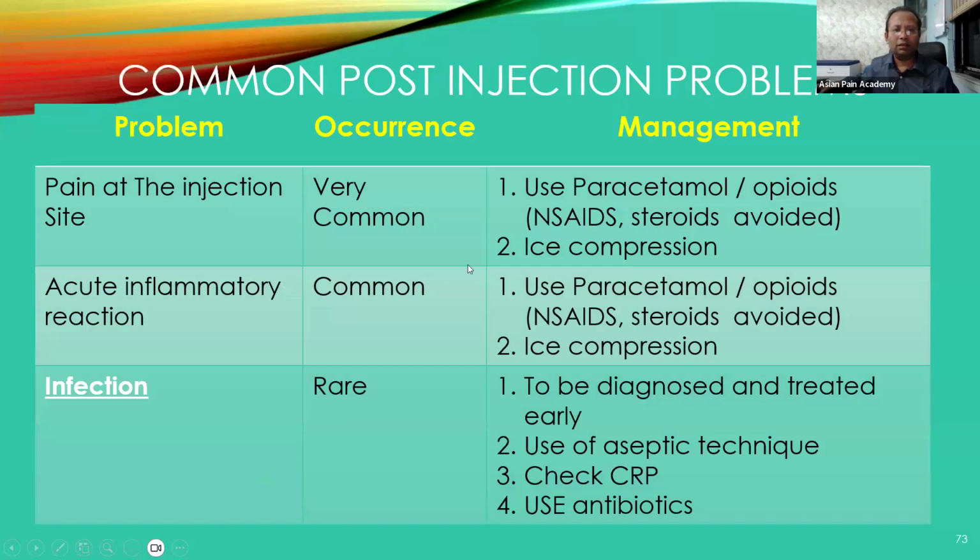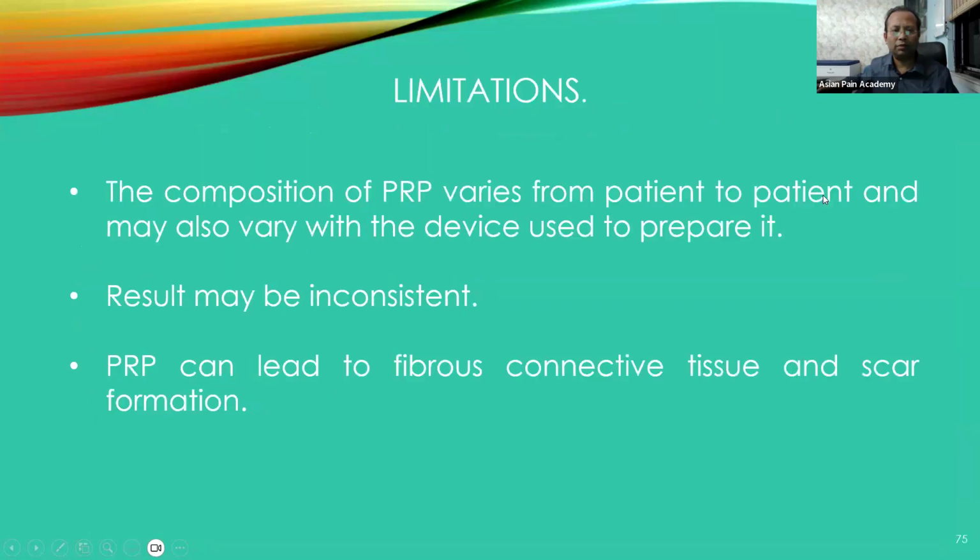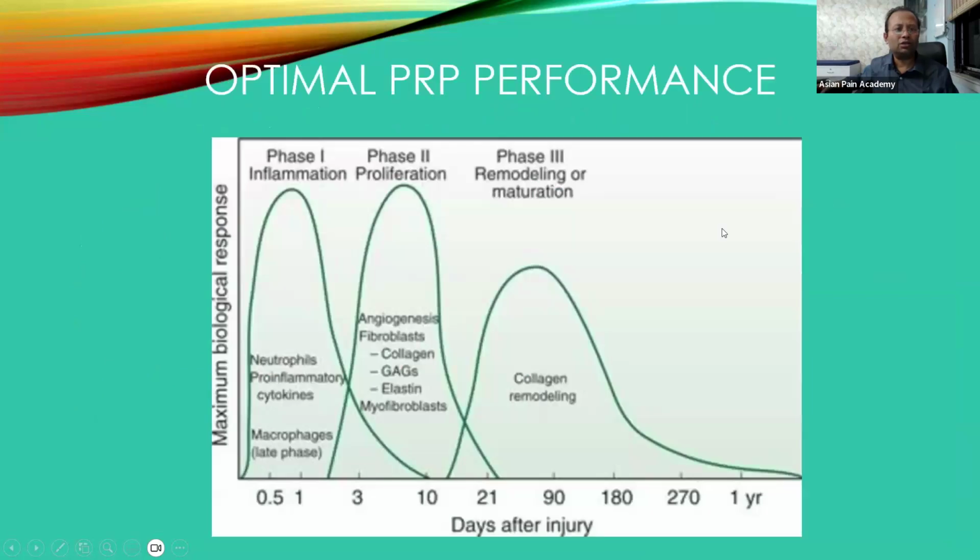Let's see. Many people have used many different methods. Some important things: ours is 3500 rotation for 15 minutes for a single spin technique, and we get RBC. Here one important thing is, while giving PRP, it's a prolotherapy, tell the patient that you will get benefit after 90 days.